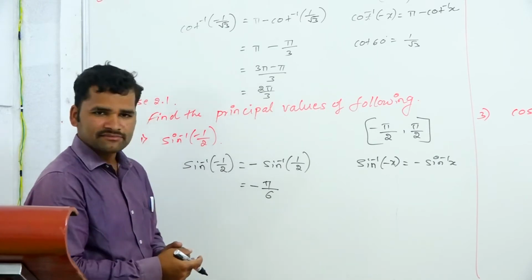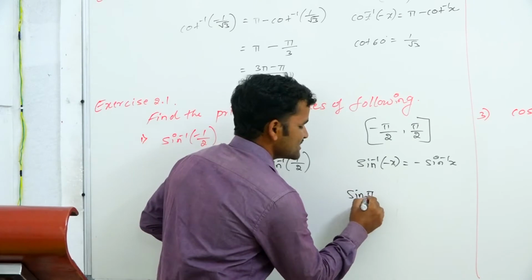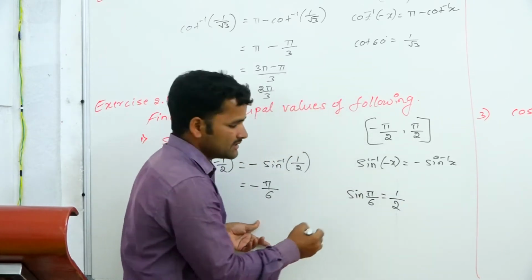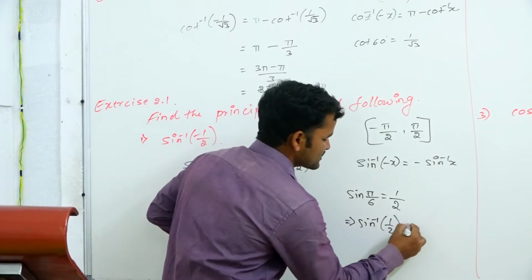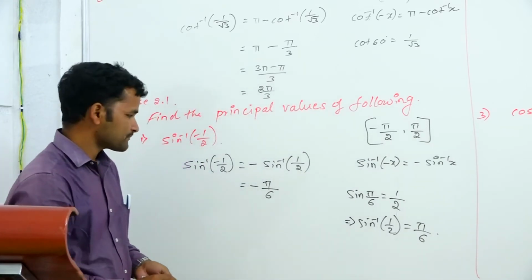We are just writing the reverse of that. Sine pi by 6 is equal to 1 by 2, which can be written as sine inverse of 1 by 2 is equal to pi by 6. Such a simple thing I am doing here.